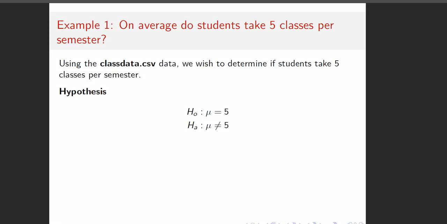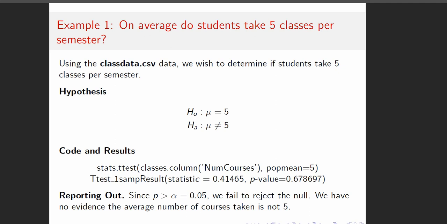The next thing is the code and results. We'll jump into the code in just a second, but I want you to notice this is the name of the table, and we're doing a dot column. Why do we do dot column? Because the thing that needs to go into the t-test is an array.